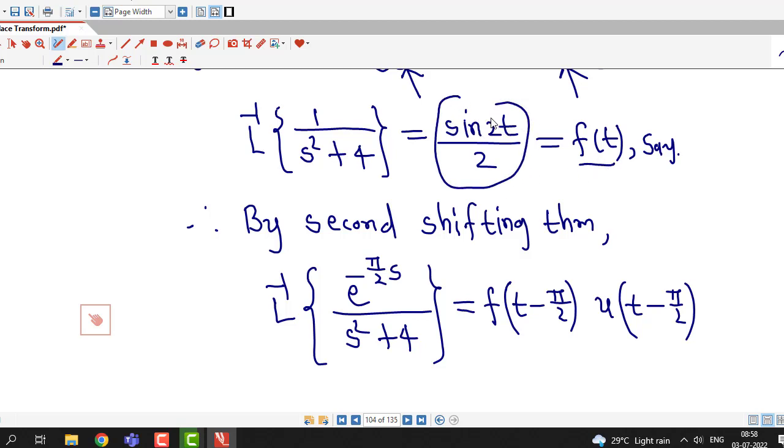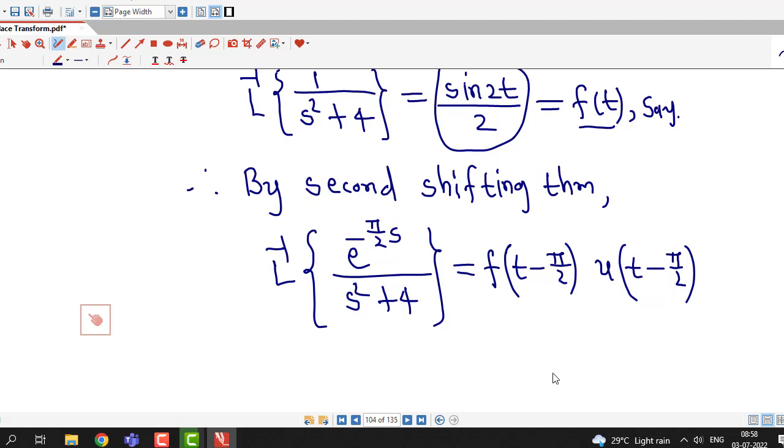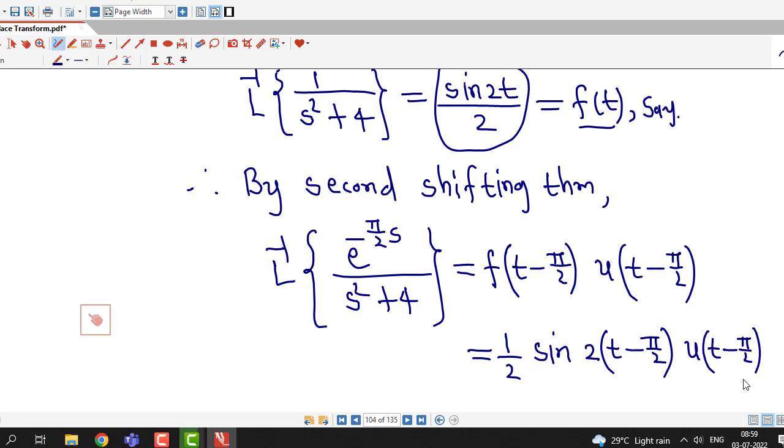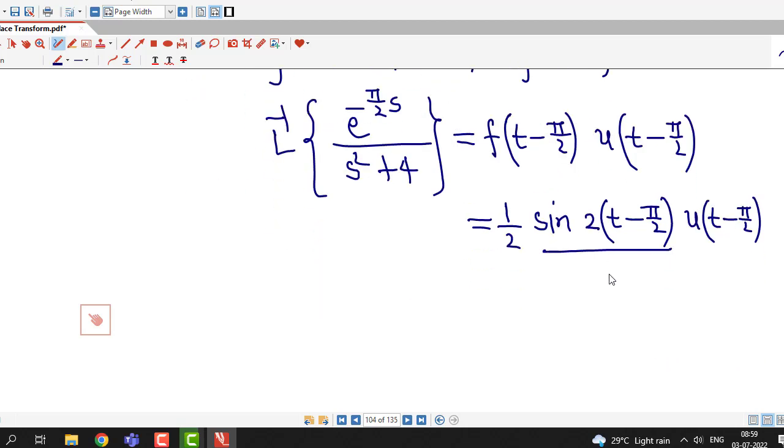Here we replace t by t minus pi by 2, and this 1 by 2 we write in the product, and this is multiplied with the unit step function at point pi by 2. Now we can simplify this, we can multiply by 2.